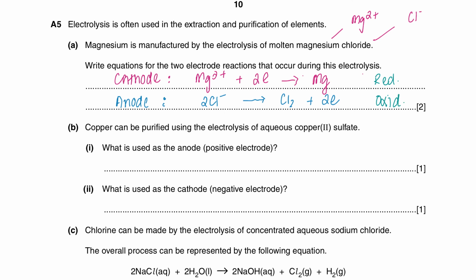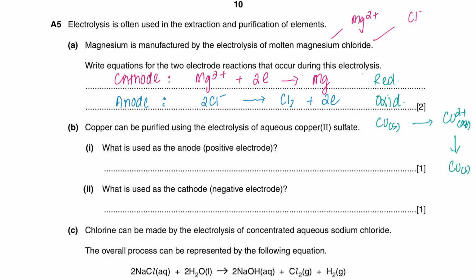Copper can be purified using the electrolysis of aqueous copper sulfate. Purification of copper. What is used at the anode? So what happens to impure copper is a solid which first turns into an ion, if you remember, in aqueous, then it goes to form pure copper again.